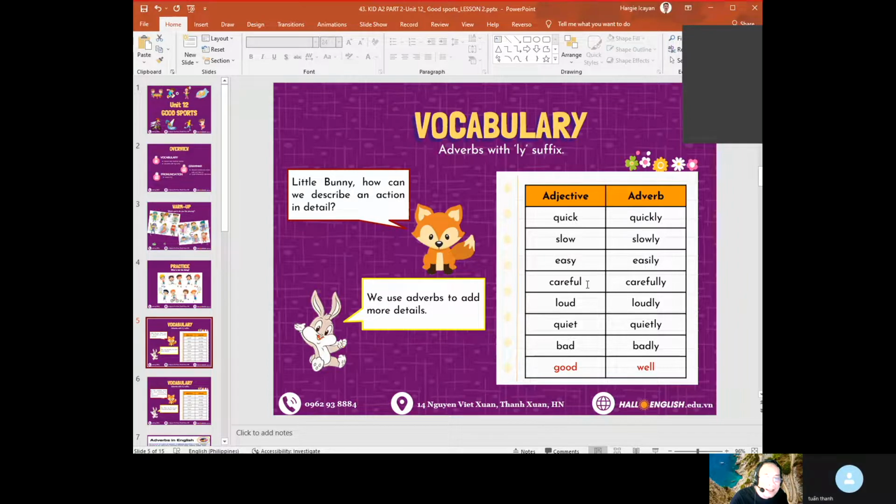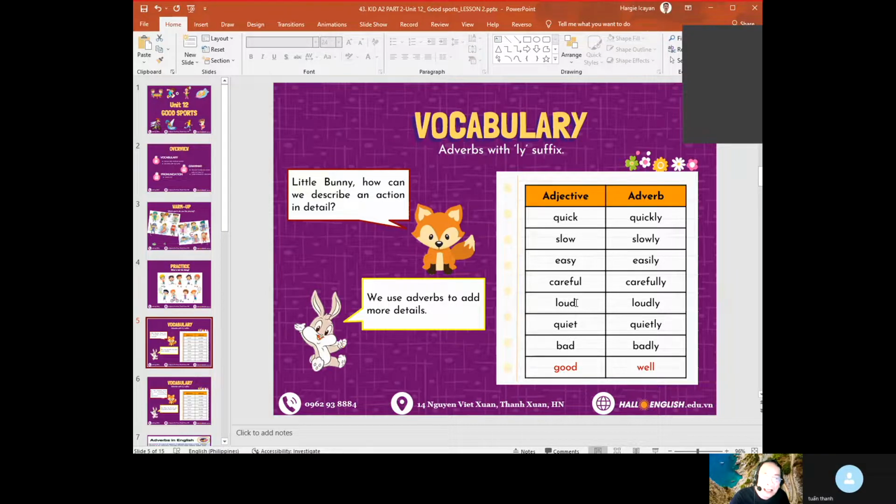So what's the last letter, B? L, right? Okay, so we copy the careful, and then we add ly. So that becomes carefully, right?